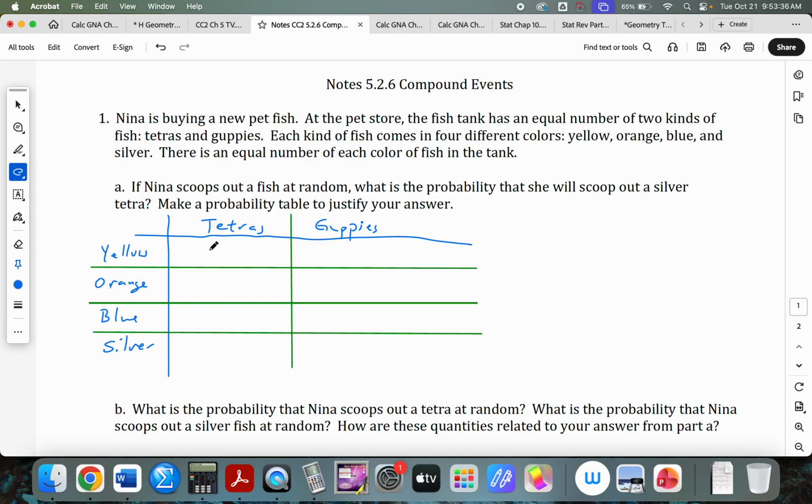So then this would be a yellow tetra, an orange tetra, a blue tetra, and a silver tetra. And this would be a yellow guppy, an orange guppy, a blue guppy, and a silver guppy.